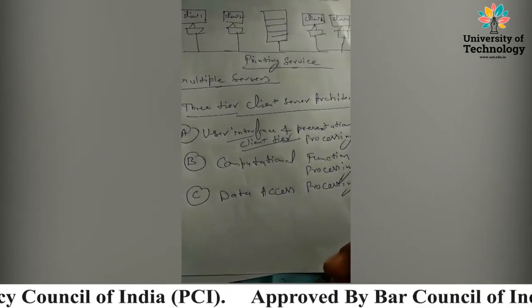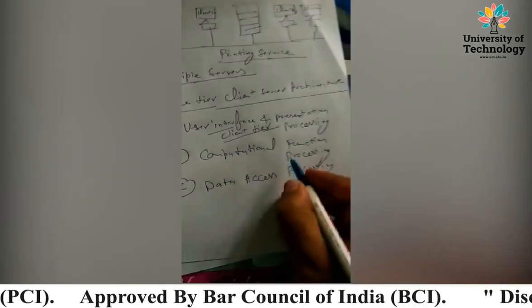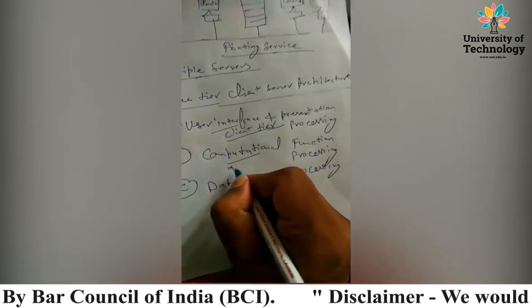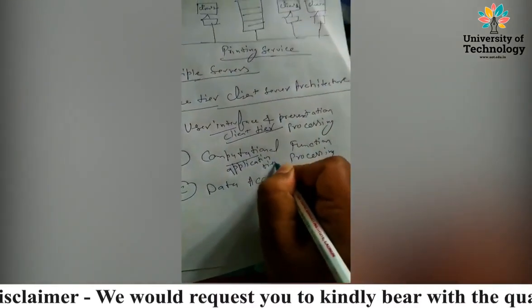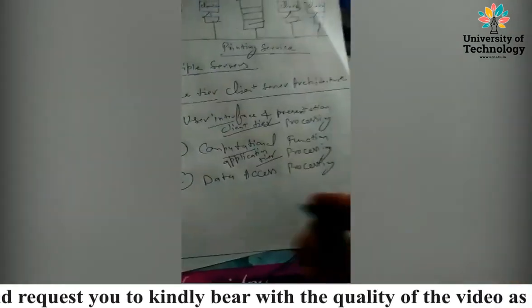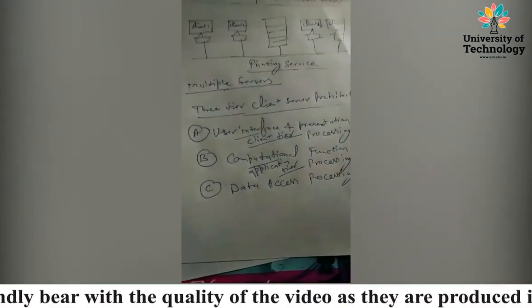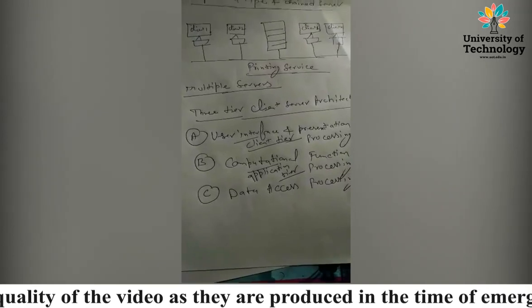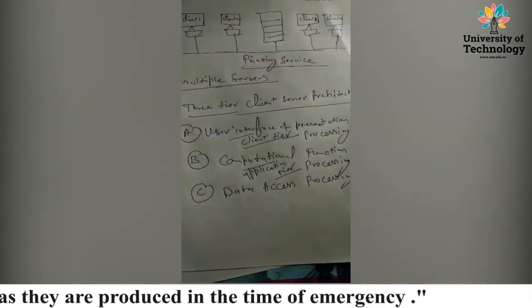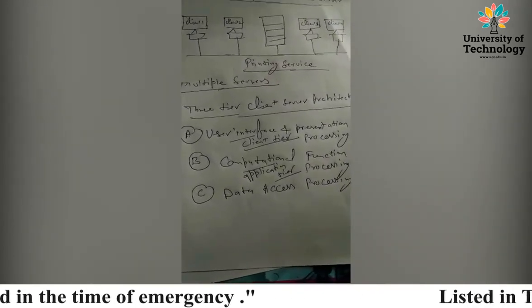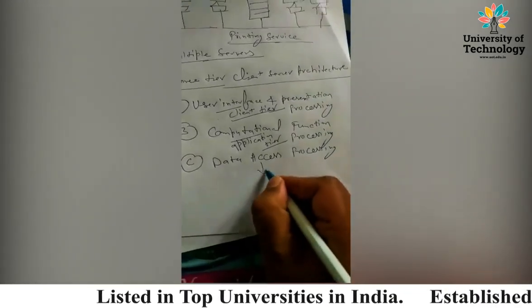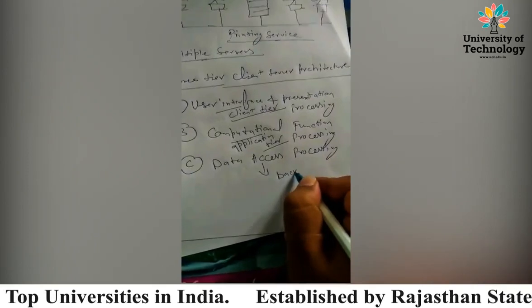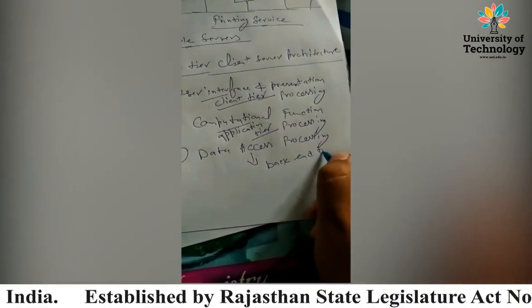These components belong to the application tier. Now, data access processing. These components are responsible for accessing data stored on external storage devices. They belong to the back-end tier.